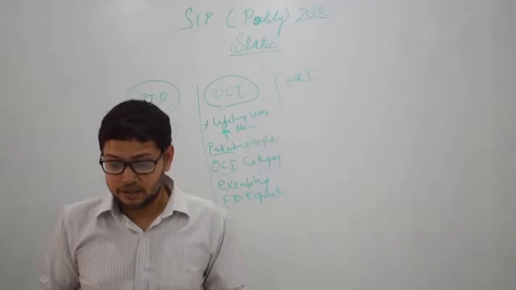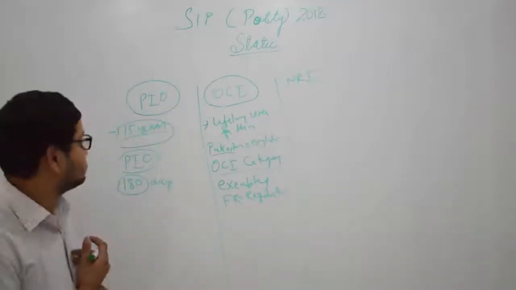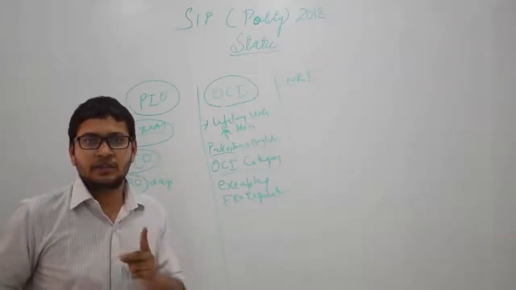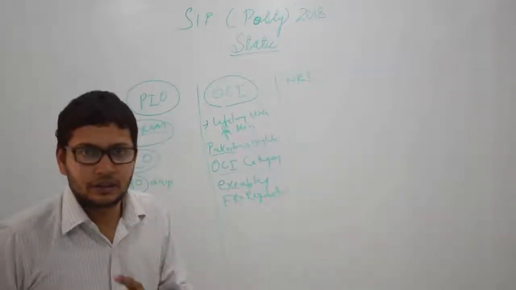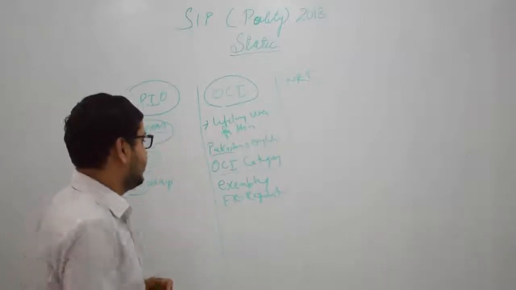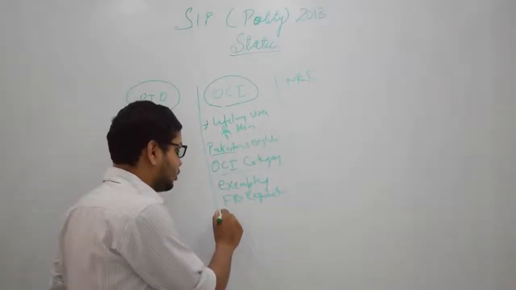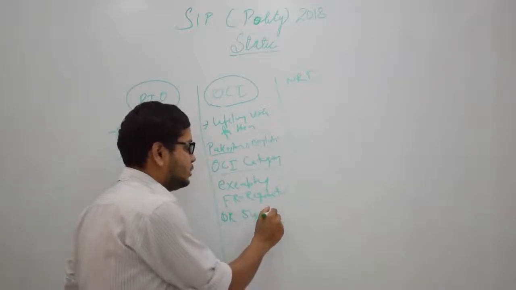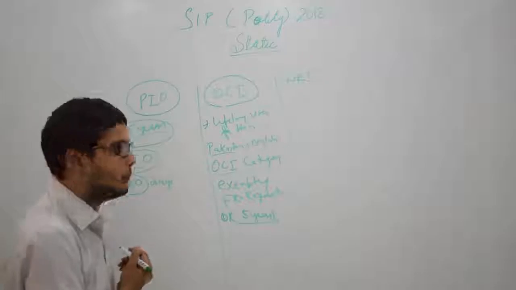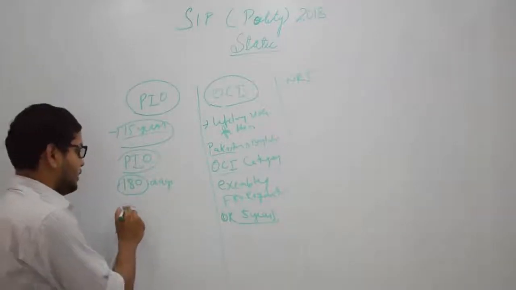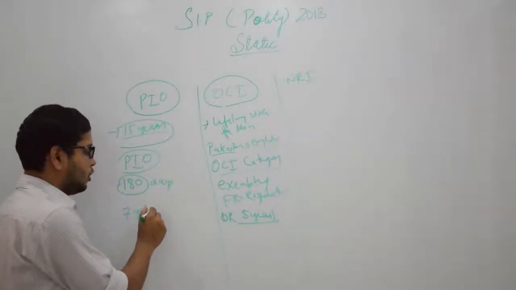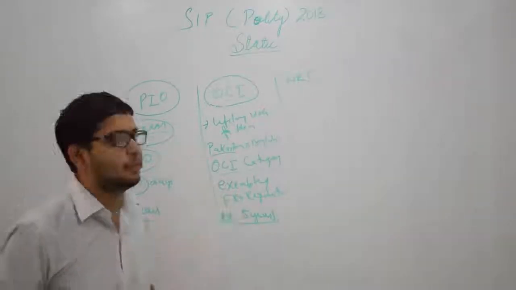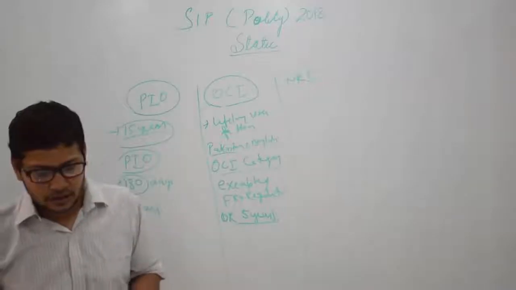Now, the next thing is how they can get citizenship. This we have again discussed, that they get citizenship through the registration method. In case of OCI, he has to be only an ordinary resident of India for 5 years, and in the last 1 year he should have continuously remained in India. But in case of PIO, he should have been an ordinary resident of India for the last 7 years. So here also the OCI people get a benefit.